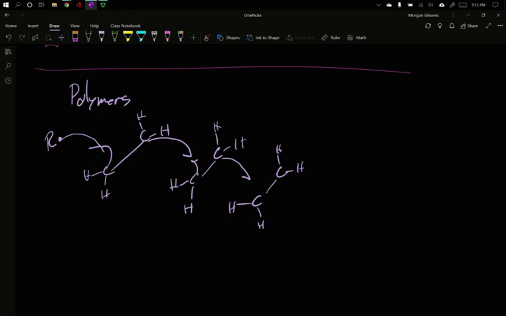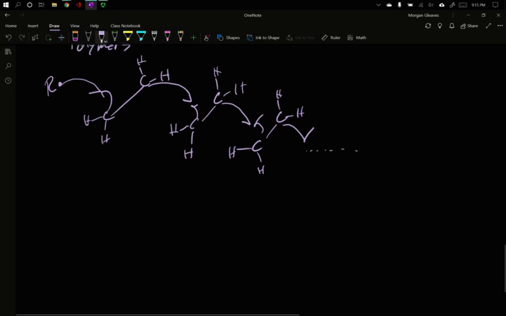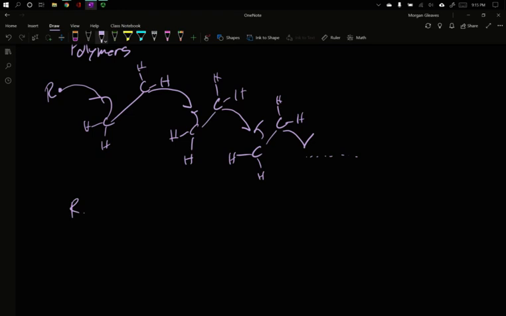And so the next one will break, connect those together, the next carbon will go off, and so on and so on and so on. The net result of this is that you get, we had a carbon with 2 hydrogens. We had a carbon with 2 hydrogens.